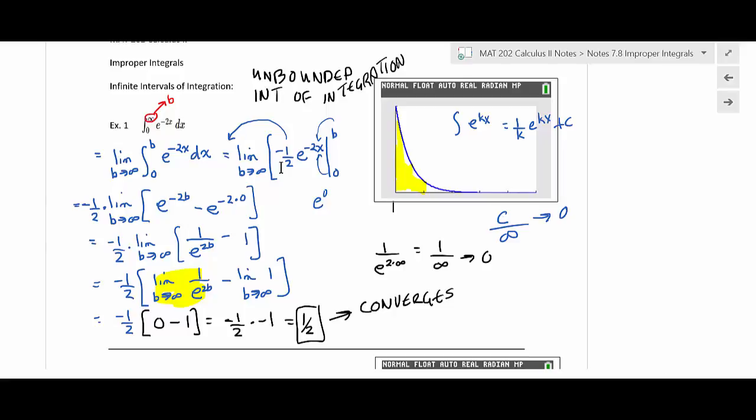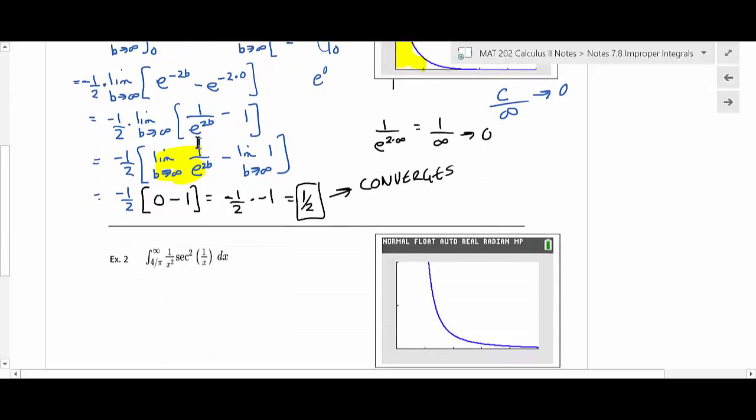That's a good way to do it, but as the problems get more complex, you'll probably see me go over to the side of the paper, focus on the integral, then go back and do the limit. That's fine. Sometimes students forget to do the limit, so if you bring the limit down, it reminds you that's the last thing you do on the problem. But you don't have to.